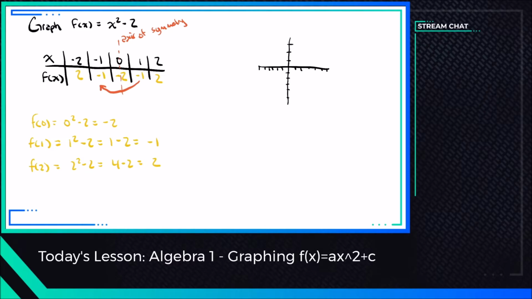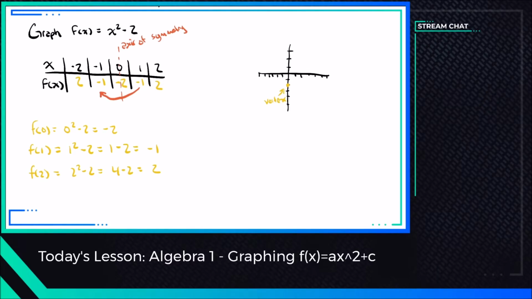So our vertex is down here at the point (0, -2). That's our vertex. And then we have a point here at (1, -1), (-1, -1), and then (2, 2) and (-2, 2). We're going to go ahead and draw in our graph just like that. And that's how we do it, right?